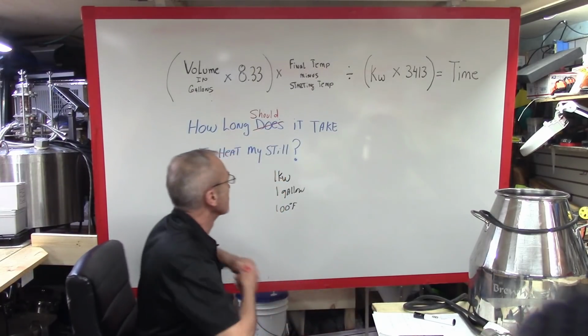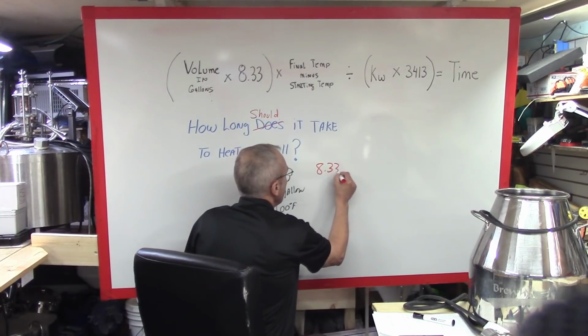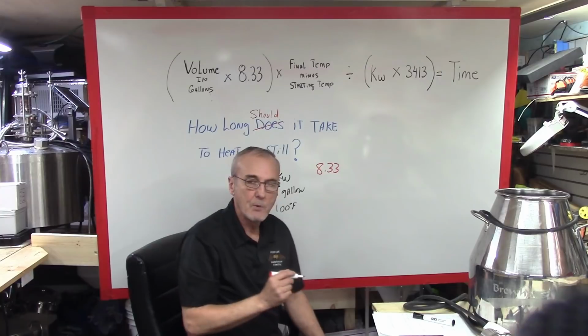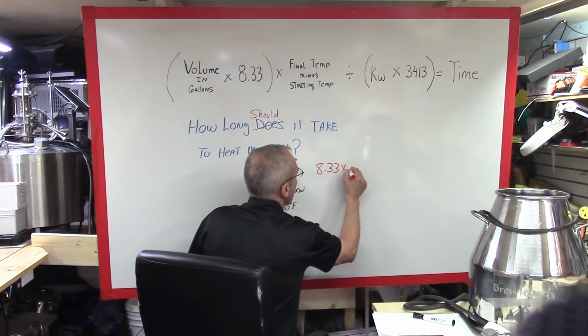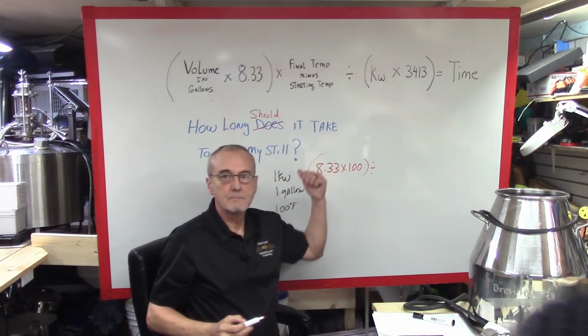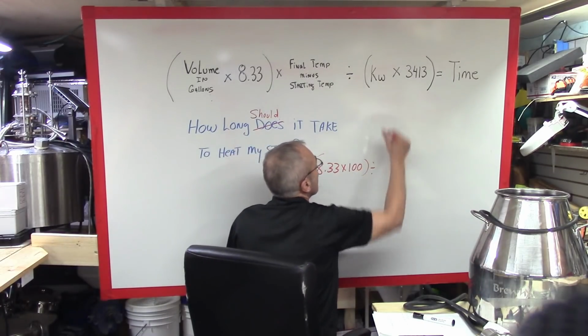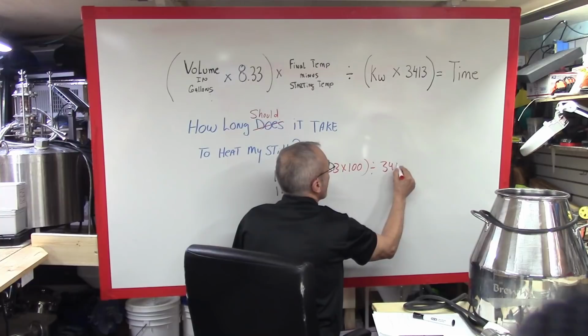I'll just write it out here. That's going to be 8.33 times 100, and then we're going to divide that by 1 kilowatt, which is 3413.